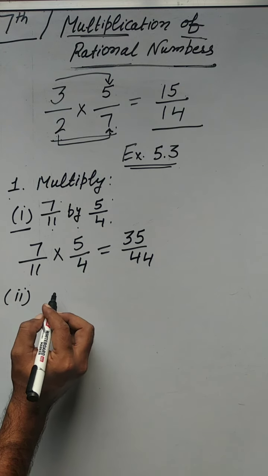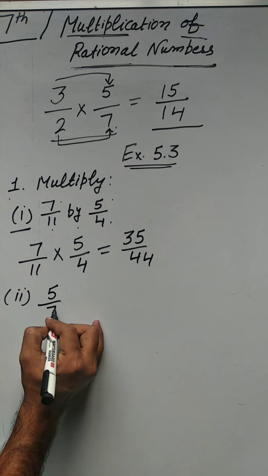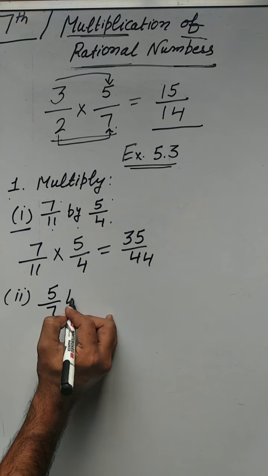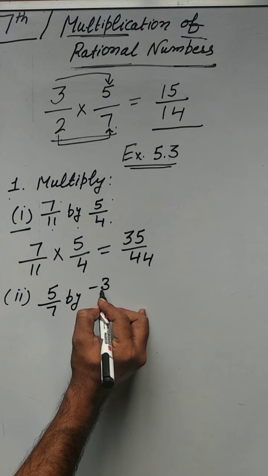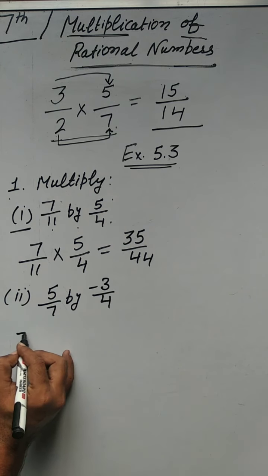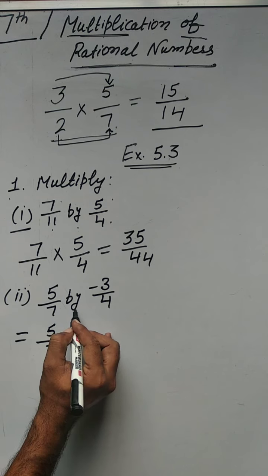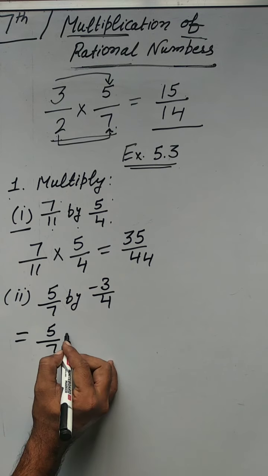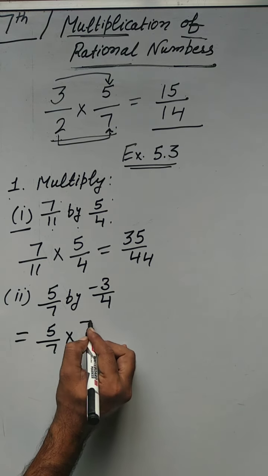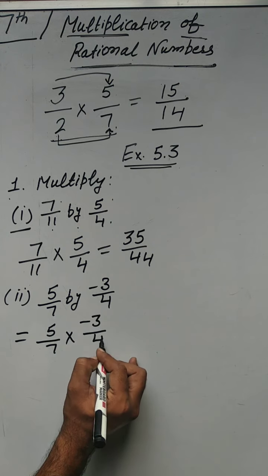Second part is, you have to multiply 5 upon 7 by minus 3 upon 4. Clear beta? So simply 5 upon 7 you have to multiply with minus 3 upon 4. Sign of multiplication is here, minus 3 upon 4.